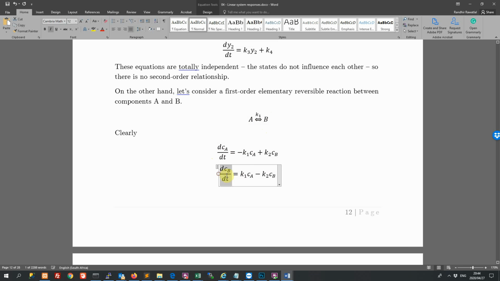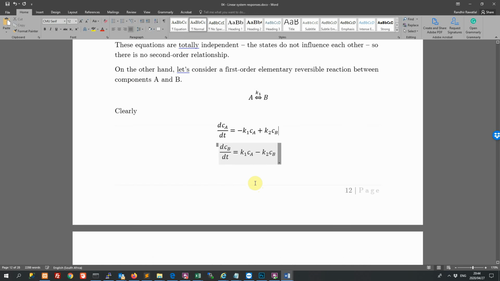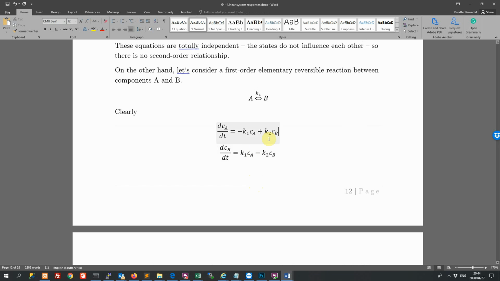In the same way, B is formed in the first reaction and lost in the second reaction. You can see these two are related. You can see a B here, so clearly you need the solution to the second equation to solve the first equation. And down here, you need the solution to the first equation to solve the second equation.